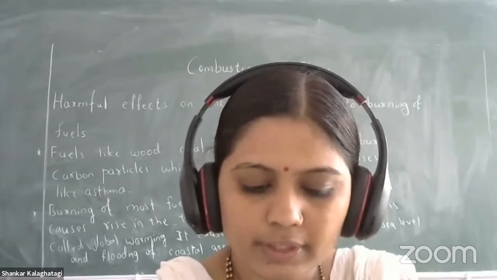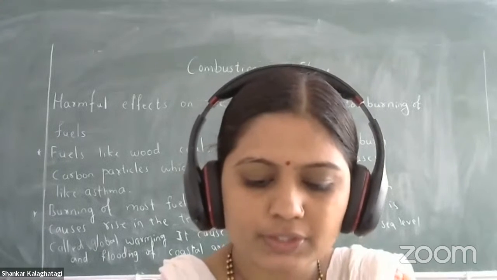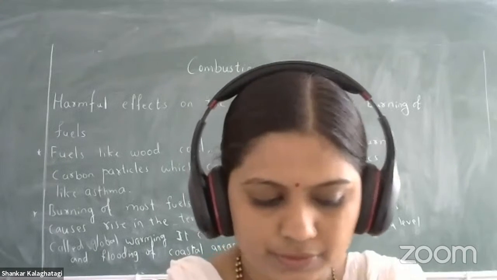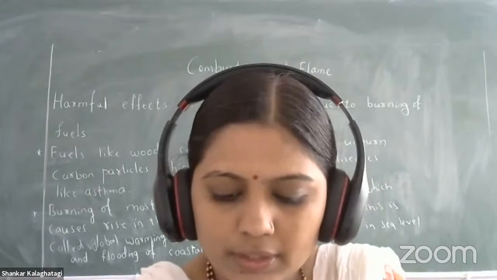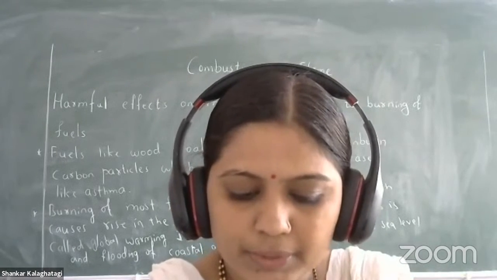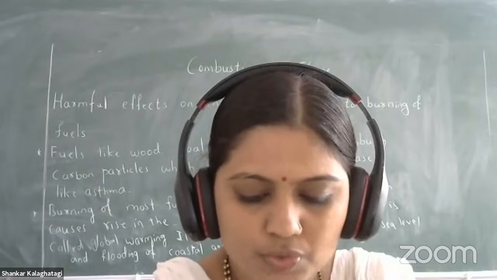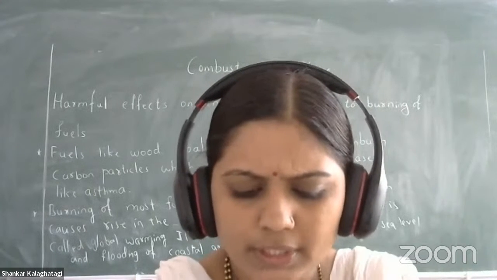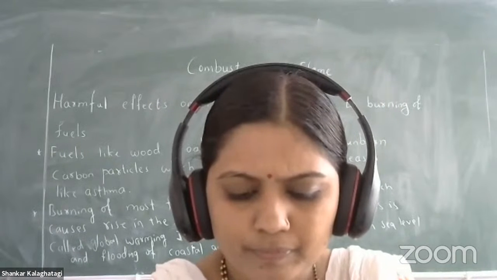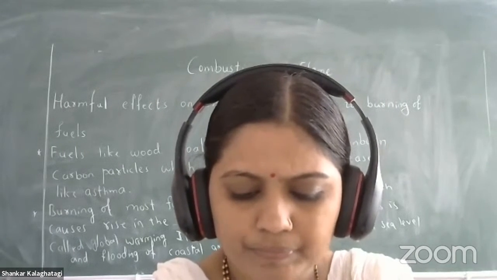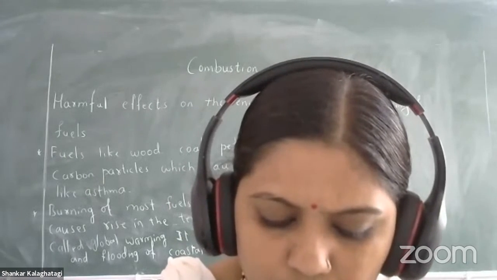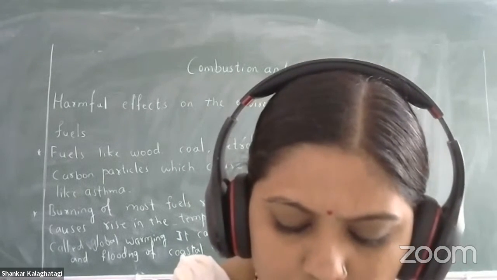Next, the 11th one. In an experiment, 4.5 kg of a fuel was completely burnt. The heat produced was measured to be 180,000 kilojoules.